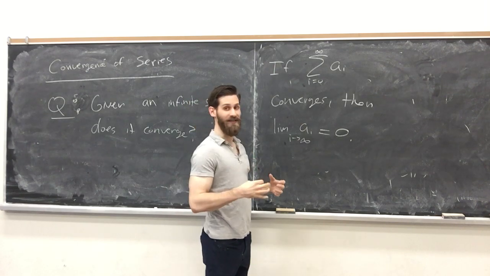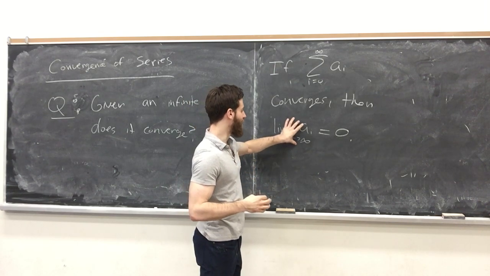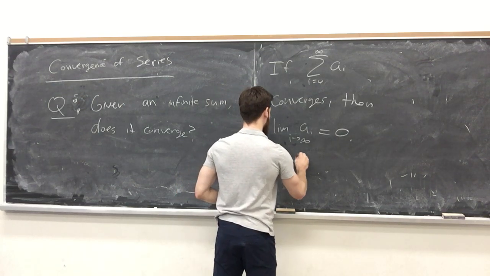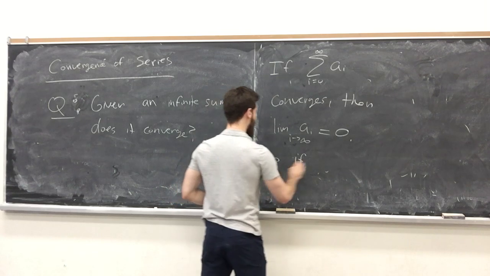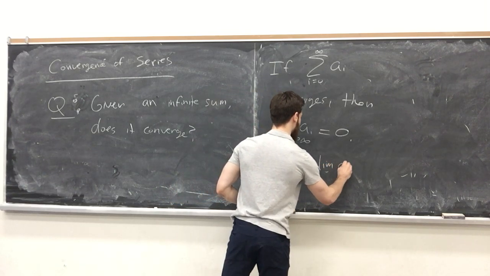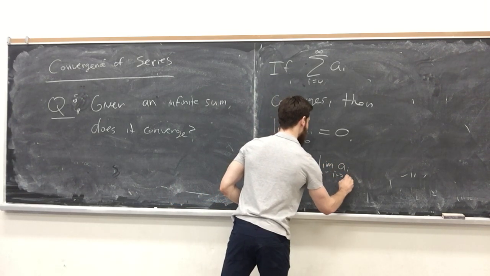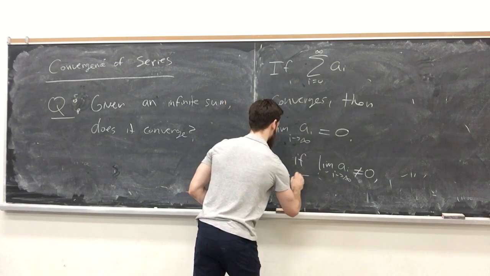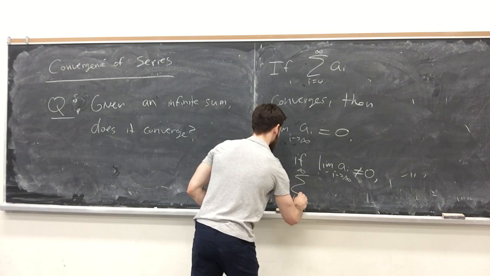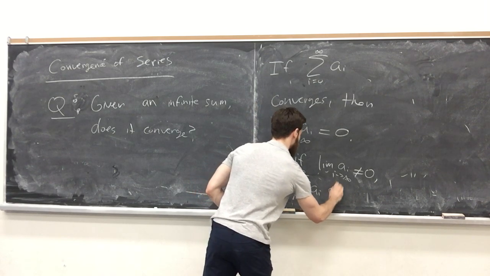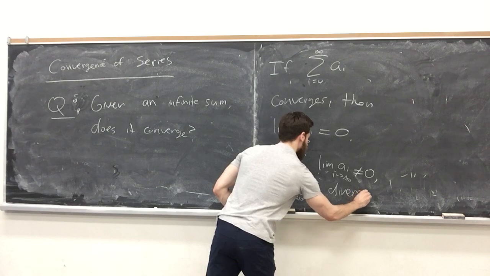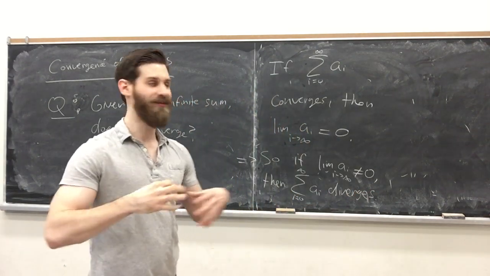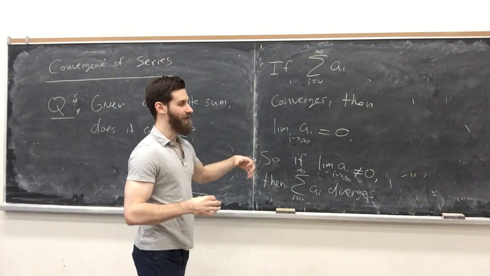Now conversely, what this means is that if this limit is not 0, then the infinite sum diverges. Okay, so you may want to pause now and think about how these implications are related.